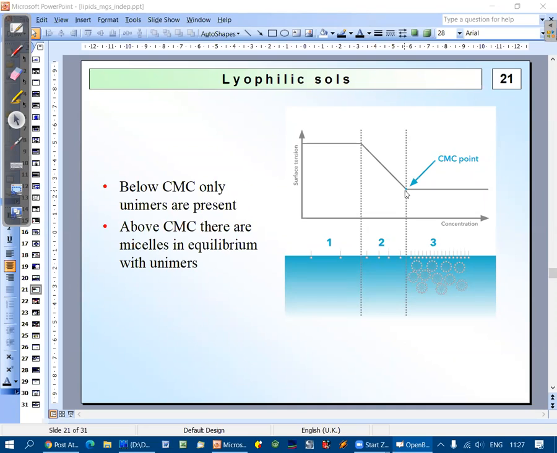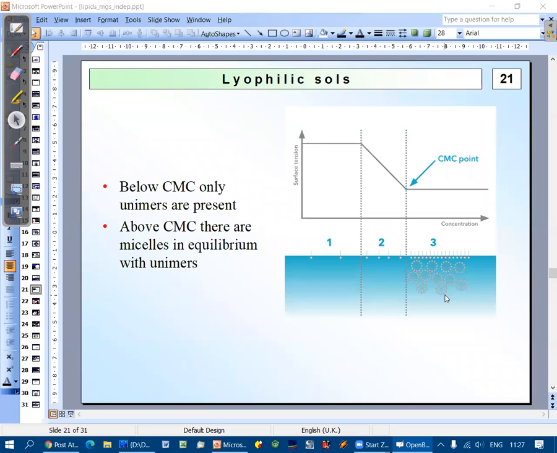And at critical micelle concentration, if we still increase the concentration of surfactant in our solution, look, this surface area is occupied completely by the molecules of surfactants.